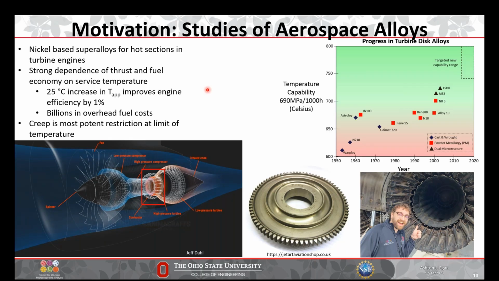So what I always like to tell people, and I think this is a fun fact, is that a 25 degrees C increase in the operating temperature of the engine will improve overall efficiency by 1%. And that might not sound like a ton, but actually this can be like billions of dollars in overhead fuel costs over the lifetime of a fleet.